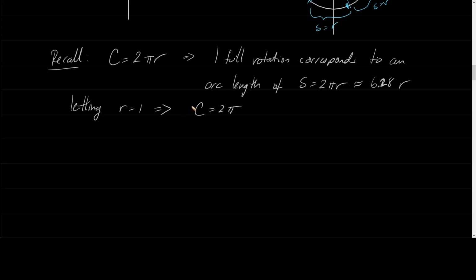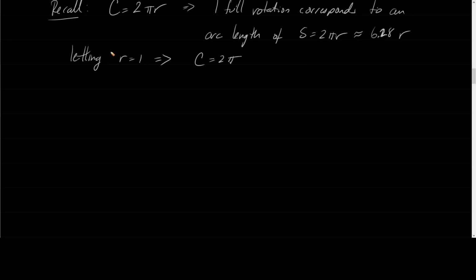So one full rotation would just be 2 pi when our radius is 1. All right, it doesn't really matter that our radius is 1 as far as this next piece, but I want you to get used to thinking about the radius being 1. Now, we were saying that one full revolution would be equal to 2 pi. So that's one full revolution.